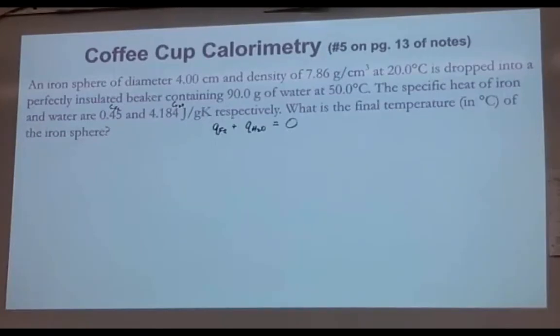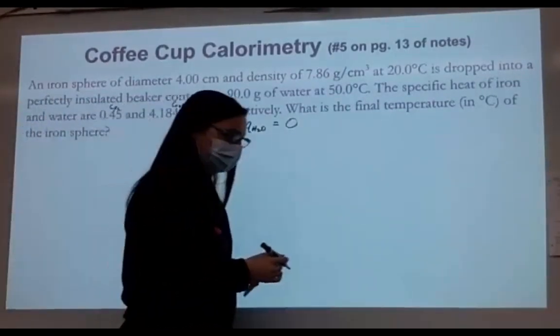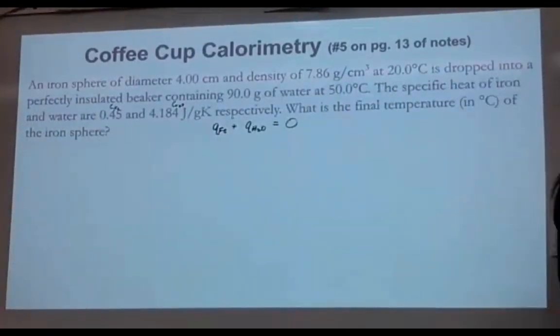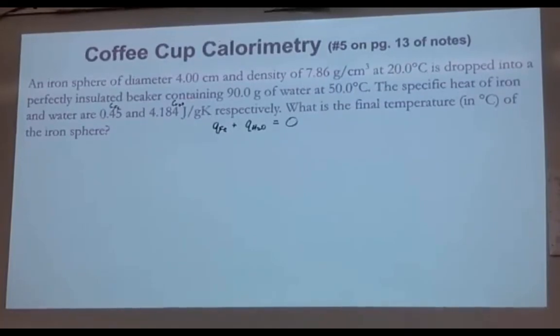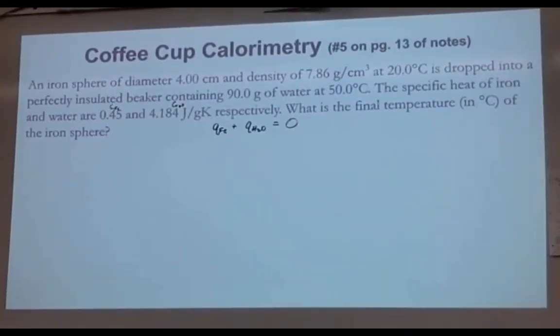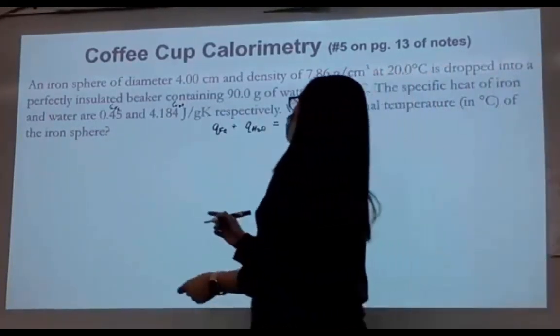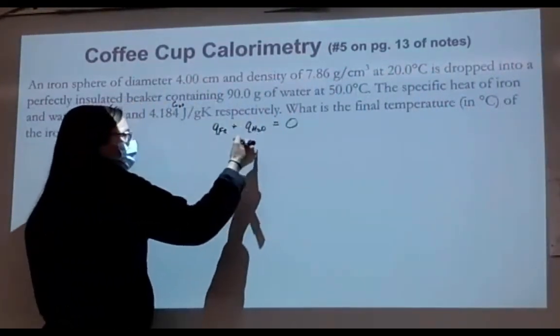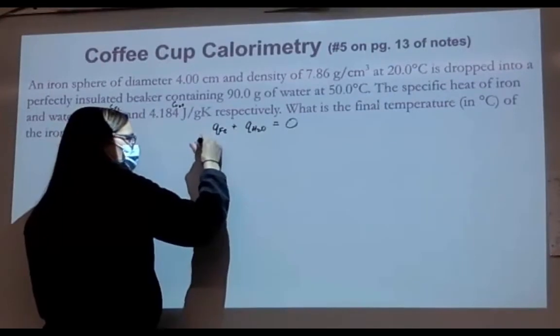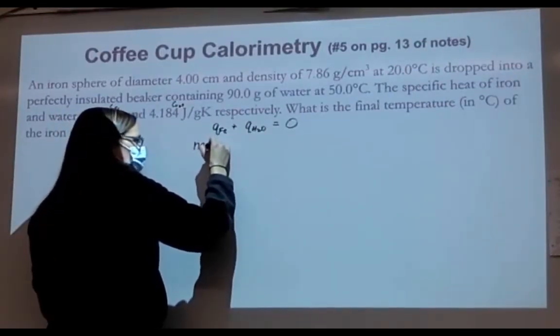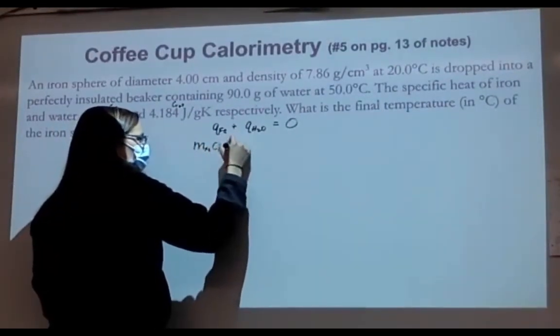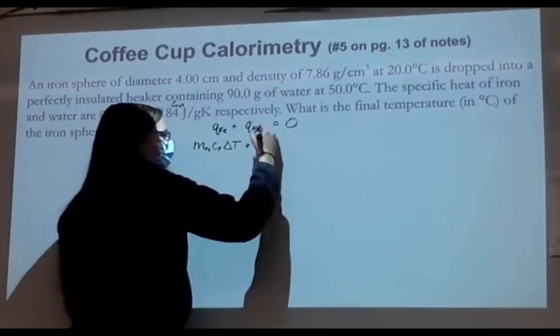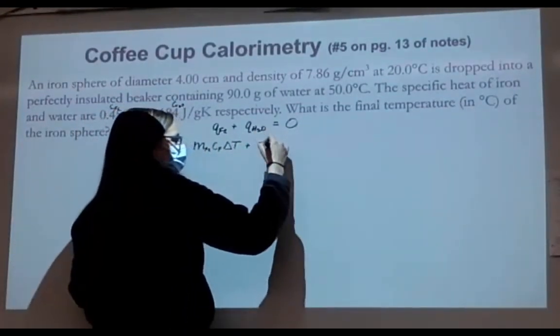Now instead of solving for one of the heat values, we are solving for final temperature. Now the final temperature of the iron, if it's in the same container as the water, is also the final temperature of the water. So I'm going to just write out what Q equals. So Q is mass of iron, specific heat of iron, delta T, plus MC delta T of H2O.